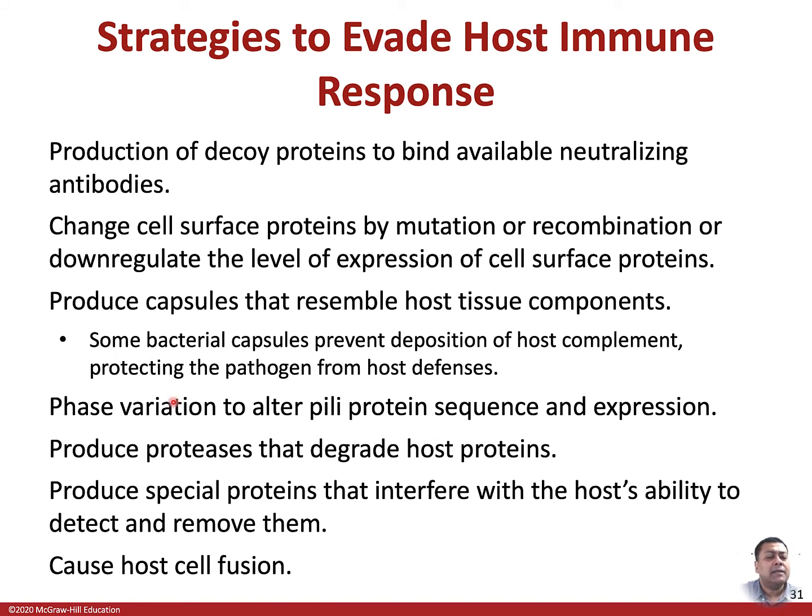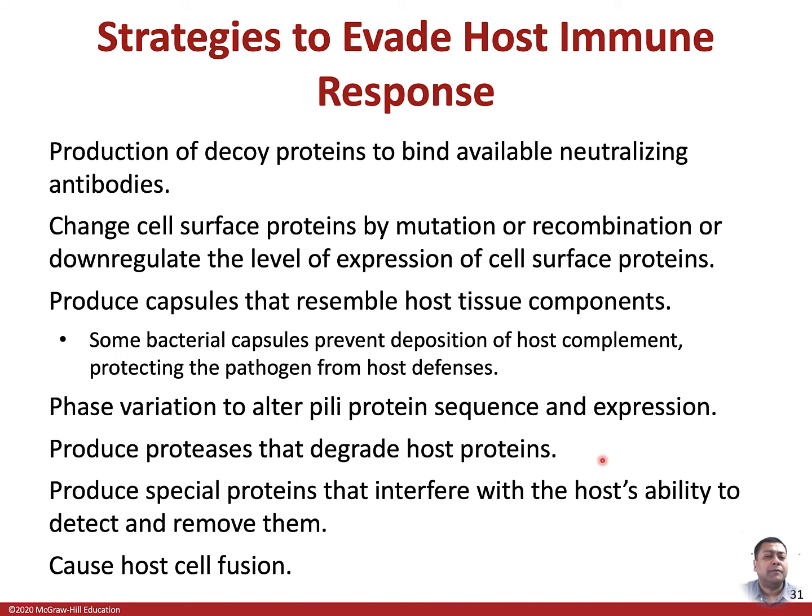On the other hand, Staphylococcus produces a protein known as protein A. Protein A essentially binds to an antibody, particularly the stalk or Fc region. Don't worry about that. We're going to talk about it in a different chapter. But it binds to the antibody stalk region and renders it non-functional.